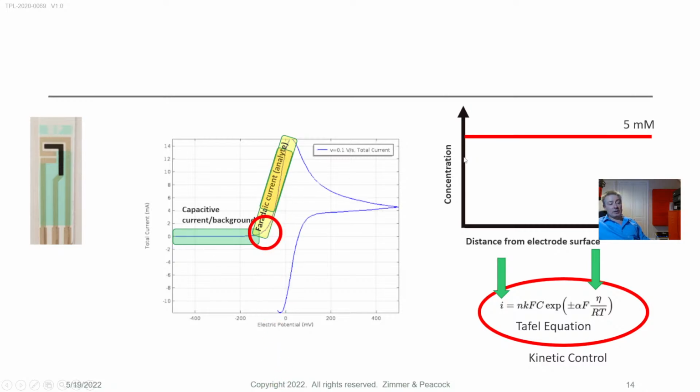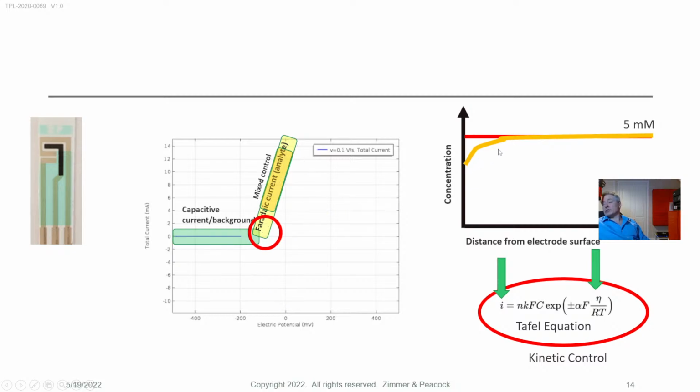But as we start increasing the voltage, we come into an area that we call the mixed control, at which point there's a slight drop in the concentration of, in this case, the ferrocyanide. So now we have two processes controlling our current. We have the electron transfer, which I discussed as the Tafel equation, and now you start having diffusion control.